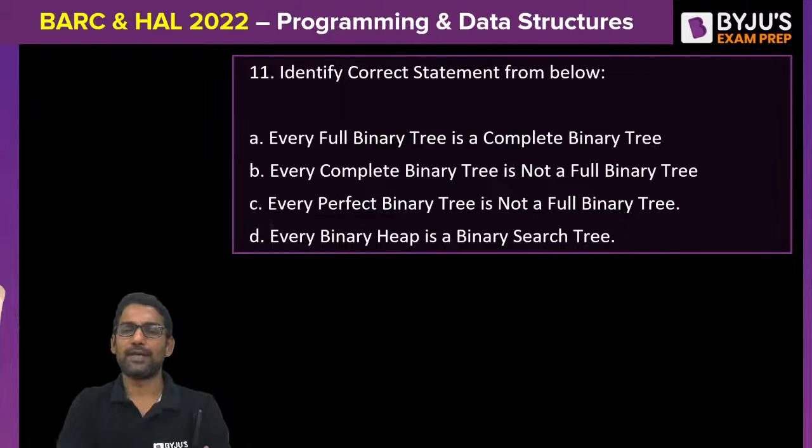Every binary heap is a binary search tree. Identify the correct statement. So unless you know the difference and you have the clarity, you cannot give the correct answer for this.